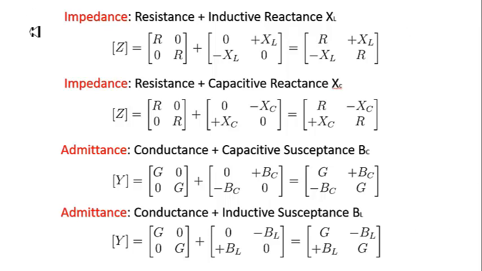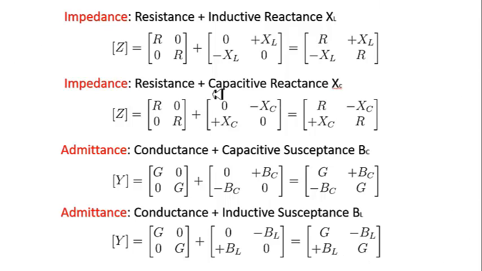So there are a lot of similarities between the impedance and the admittance. Of course, the impedance and admittance are reciprocals of each other. The resistance and conductance are reciprocals of each other, and the reactance and the susceptance are reciprocals of each other. So this is a very nice pattern.